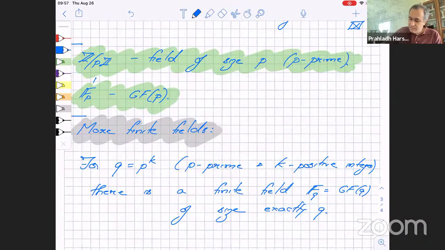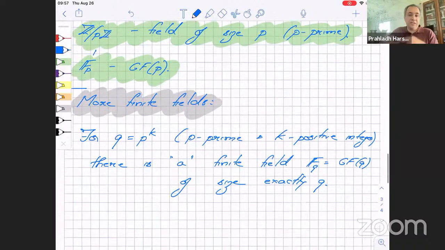In fact, there's exactly one finite field of this size. And in the next 2-3 minutes, I'll describe this finite field to you.